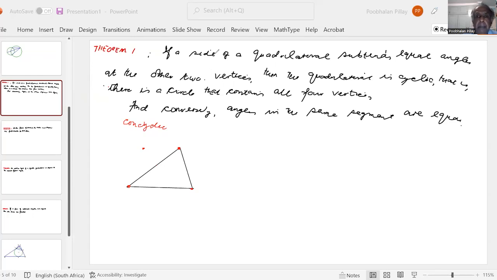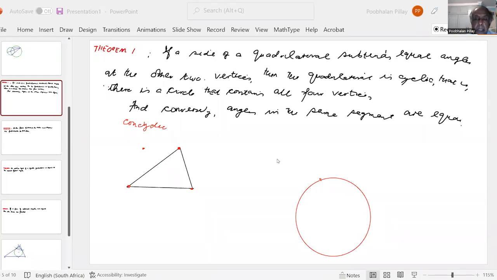But firstly, before we do that, we see a lot of properties of cyclic quadrilaterals. In other words, quadrilaterals whose vertices lie on the circumference of a circle. Right.